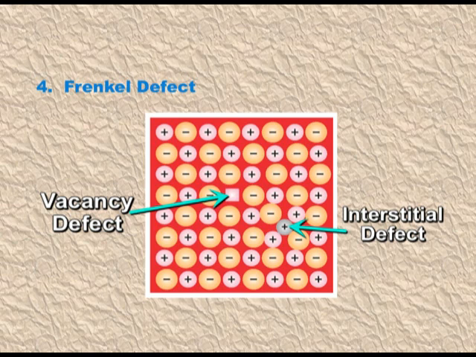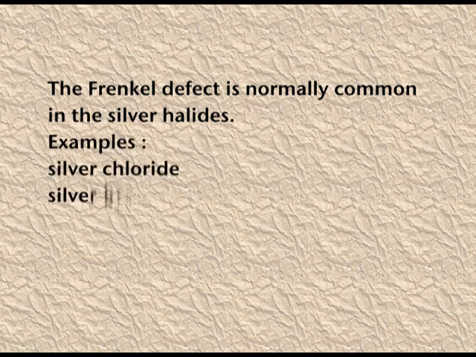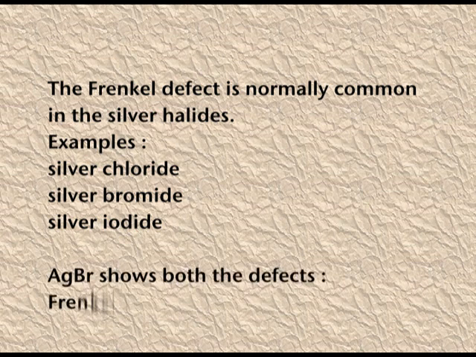The Frenkel defect is normally common in silver halides, for example, silver chloride, silver bromide and silver iodide. But AgBr, that is silver bromide, shows both the defects, Frenkel defect and Schottky defect.